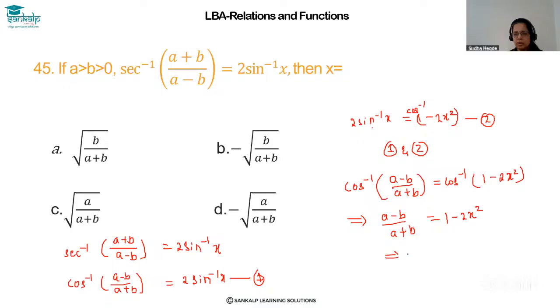Implies 2x square is equal to, rearrangement, move this term to this side: 1 minus (A minus B) divided by (A plus B). Are you getting? Okay. Take LCM now.